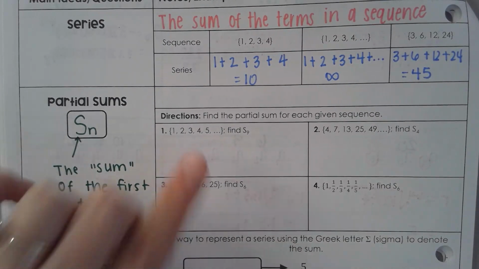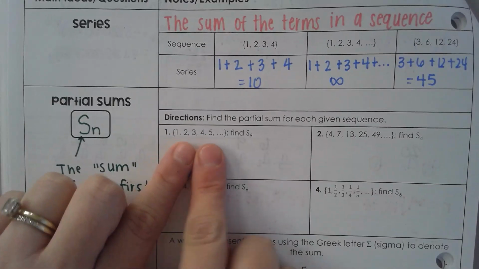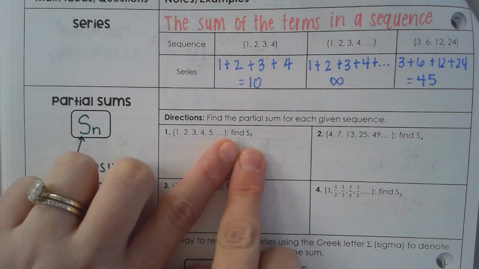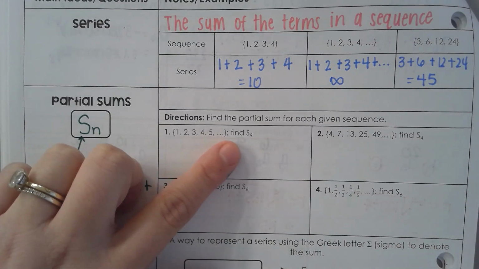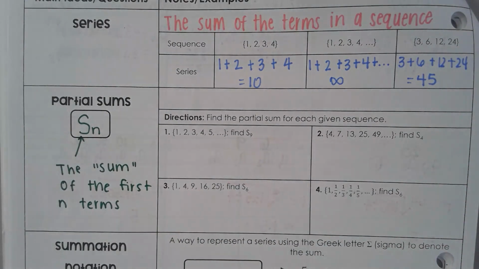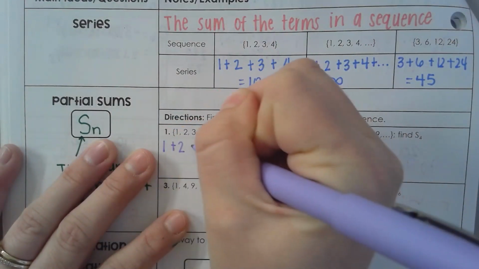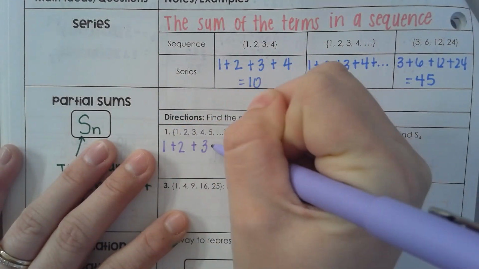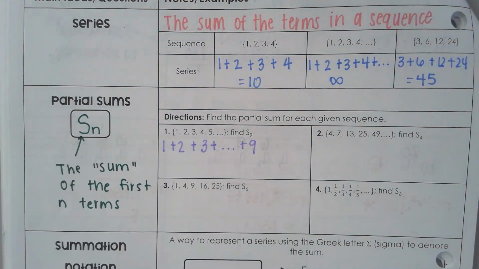So if we're looking here at number 1, I've got 1, 2, 3, 4, 5, and so on. I'm asking you to find the sum of the first 9 terms. So that would be 1 plus 2 plus 3, plus dot dot dot plus 9, so that I don't have to write 4, 5, 6, 7, 8.